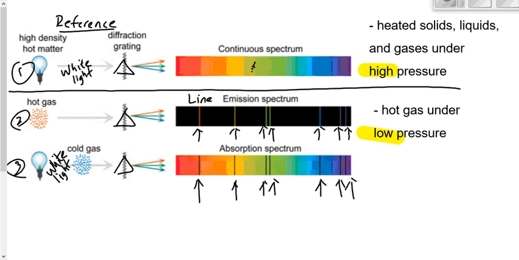Besides the fact that one is dark lines and one is bright lines, what do you notice about diagram number 2 and diagram number 3? The hot gas versus the cold gas. What can you tell me about this hot gas as compared to this cold gas?